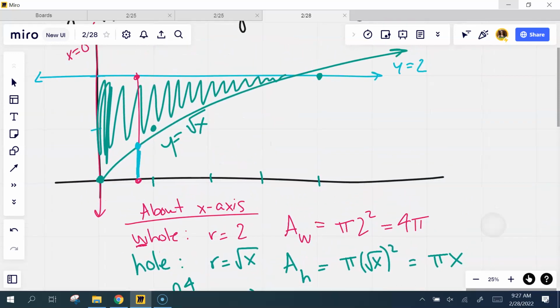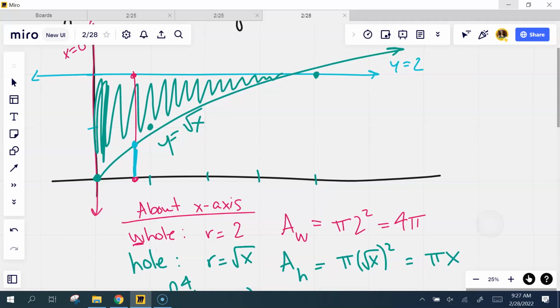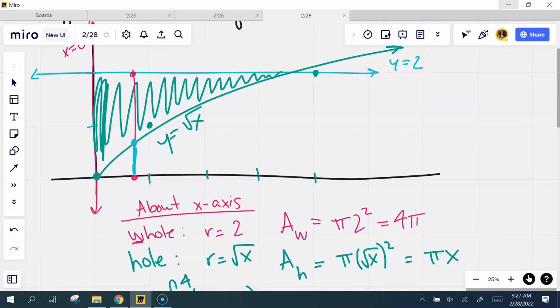If I did it about the y-axis, this time I don't have a hole, I just have a solid, right? There's no hole. But this needs to be in terms of y instead of x if I'm going about the y-axis.